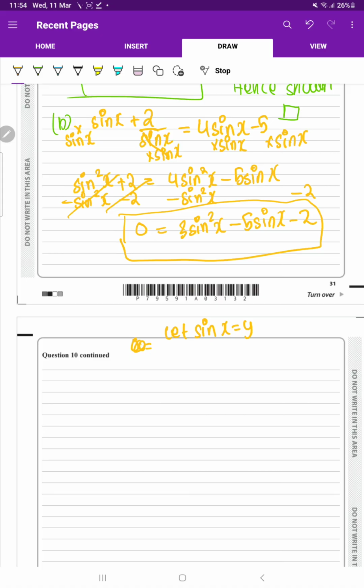Basically this is a hidden quadratic, so you can do 3y squared minus 5y minus 2, and if you factorize this you have y minus 2 and 3y plus 1. So y is equal to 2, and y is equal to minus 1 over 3.